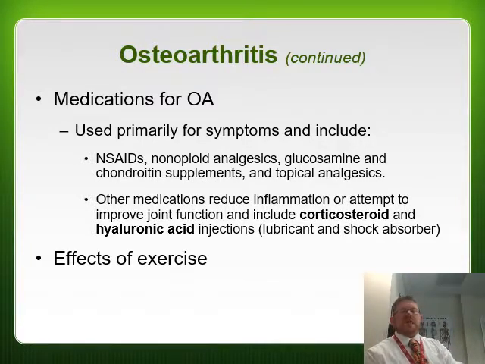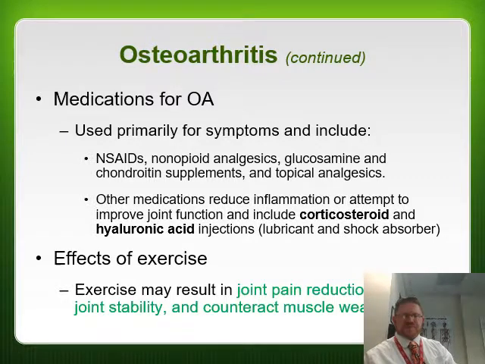Other medications might reduce inflammation, or they might attempt to improve joint function, and those might be your corticosteroids, so getting like a steroid injection or a hyaluronic acid injection, and this is to help with lubrication and shock absorption in there, because remember, that's what our cartilage does in these joint capsules that we're talking about, and that's what's going to get worn away and cause that inflammation and the issues that result in this osteoarthritis.